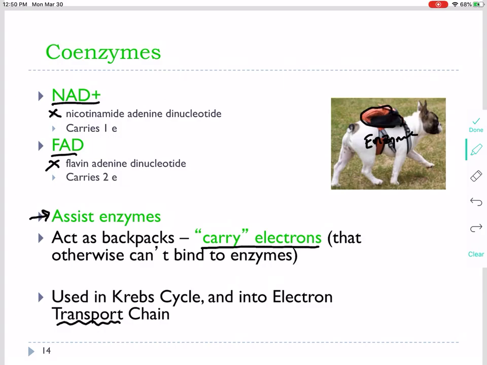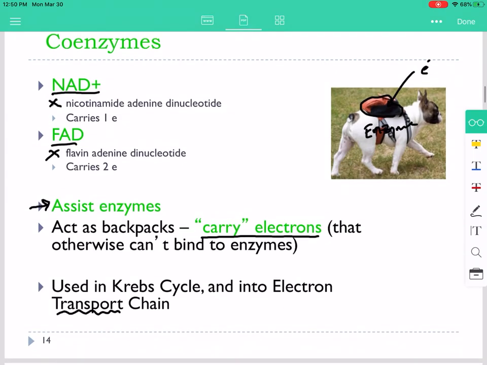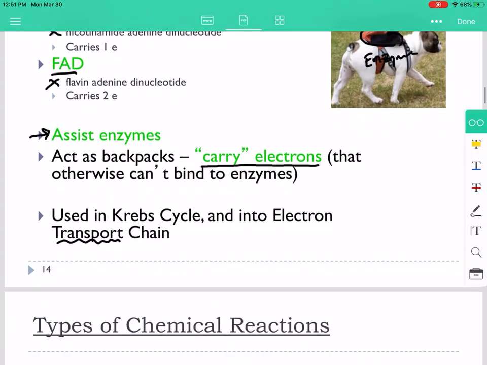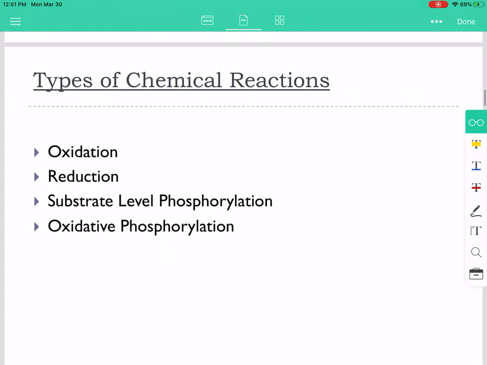If the dog was the enzyme, then the little backpack would be the coenzyme. And inside the backpack would be electrons. Look at that. We're going to make it as simple as we can. NAD and FAD are simply coenzymes. They're helpers. They're attached to the enzyme, and they simply carry electrons.